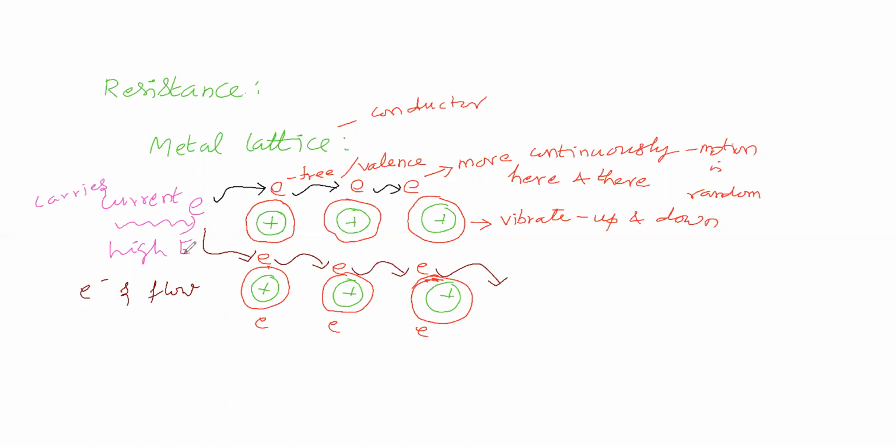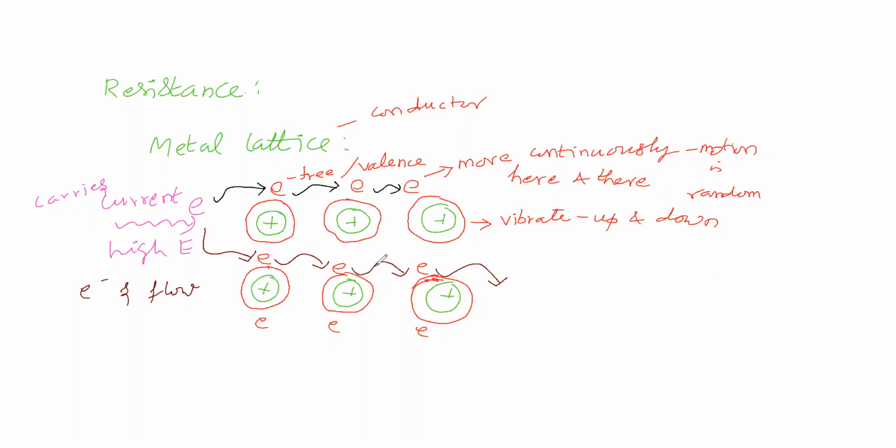Another way to say current passing: this current is having electrons, and this electron strikes the metal atom's electron. So what happens is, this electron comes to this place, while this electron goes to this place, while this electron goes to the neighboring place.